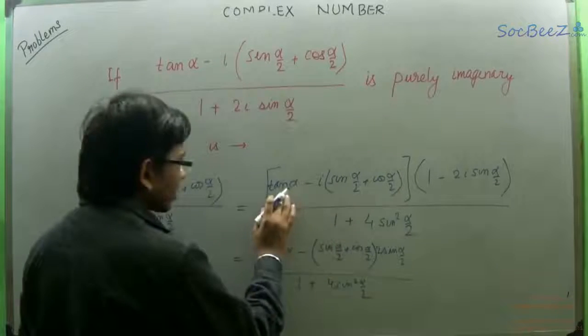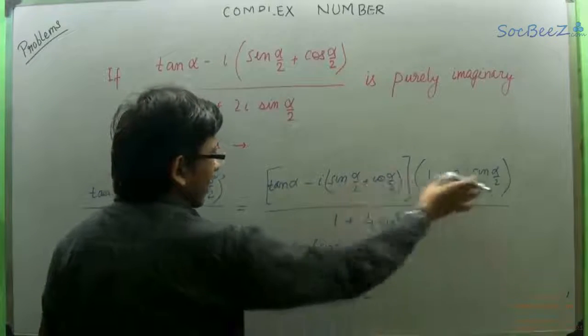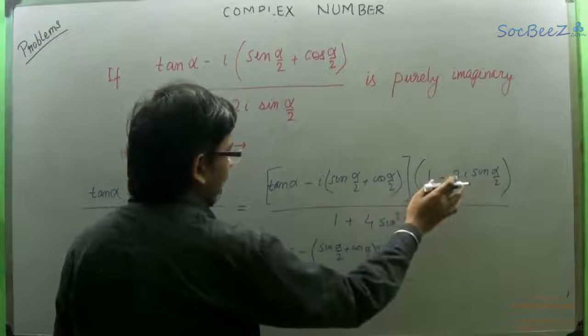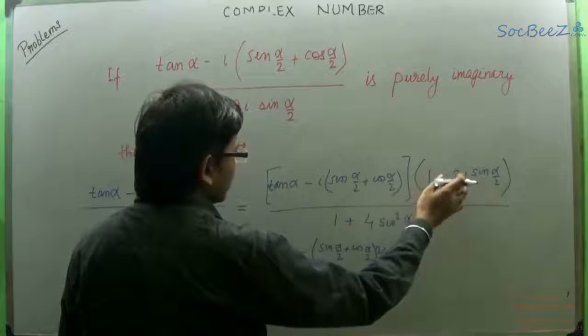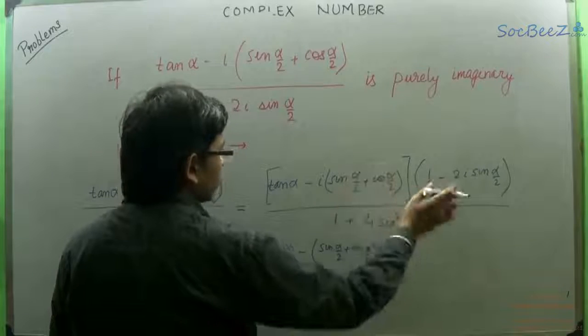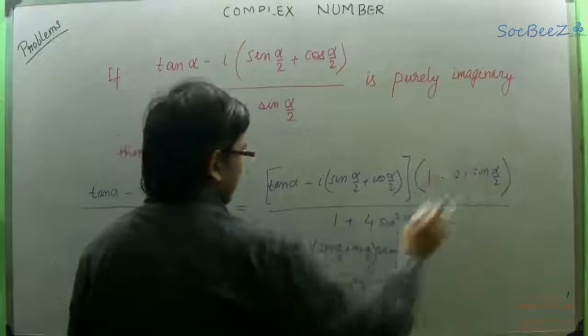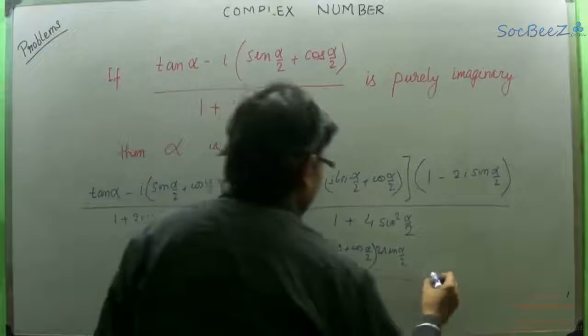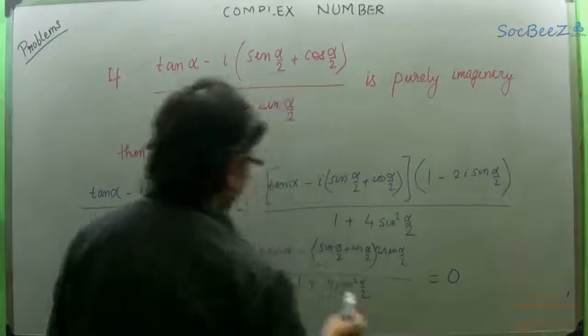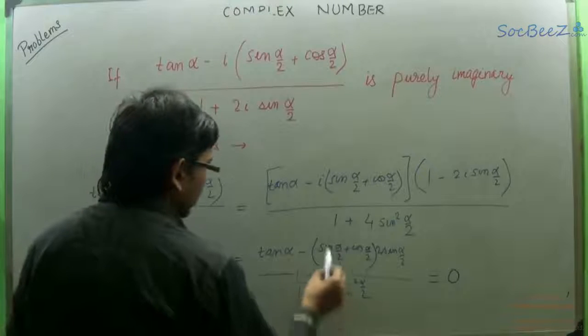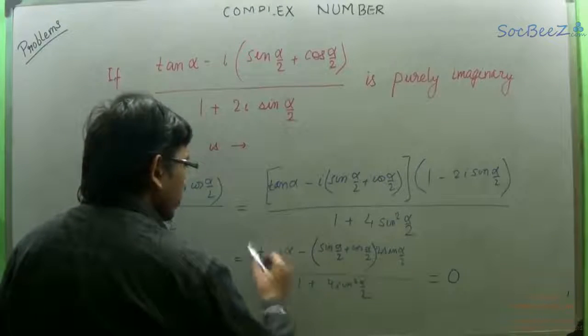So the real part is tan alpha minus this multiplied by this, which is i times i, that is i square, minus of i square is plus of i square, which is equal to minus 1, minus this expression times this expression. Okay, so this is equal to 0. Actually a by b is equal to 0 means numerator is equal to 0.